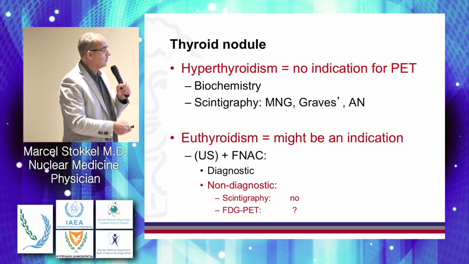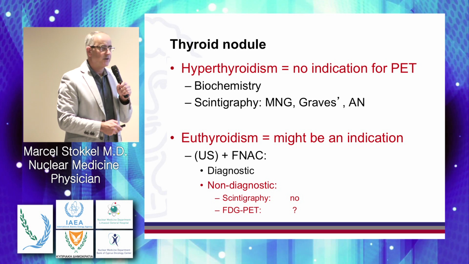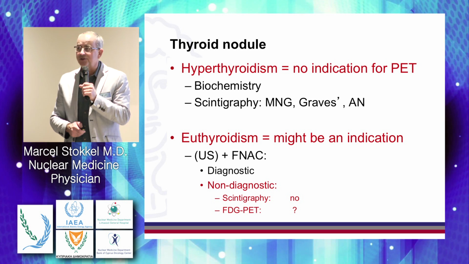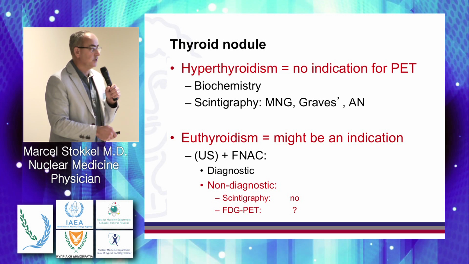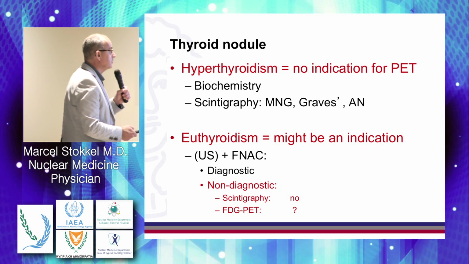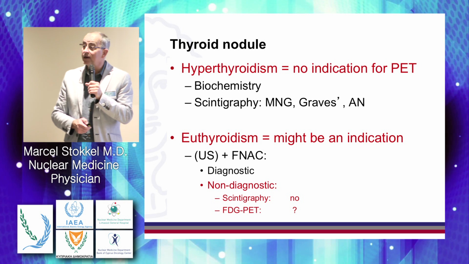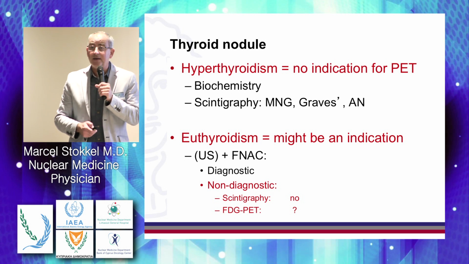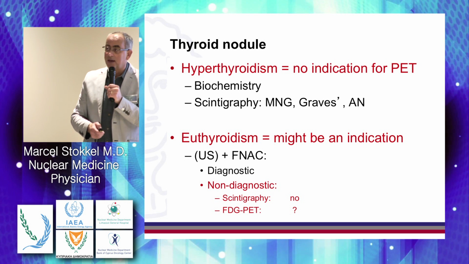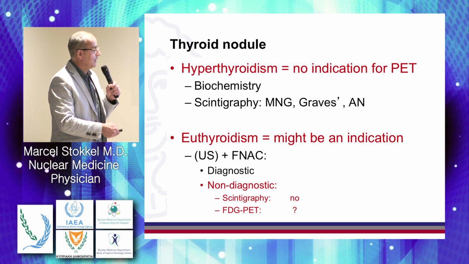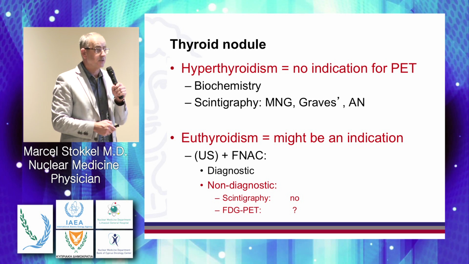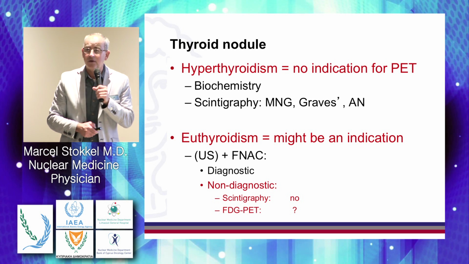But first of all, the diagnostic strategy in case of a palpable solitary nodule is of course ultrasonography, or when the nodule is large enough, you can go directly towards fine needle aspiration cytology and see what's going on. And in most cases, these results have a diagnostic value.